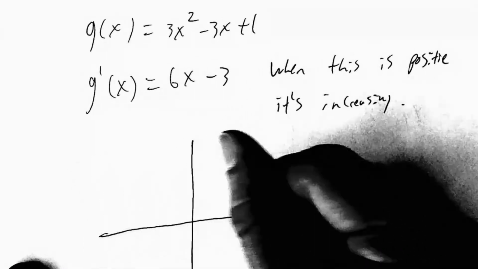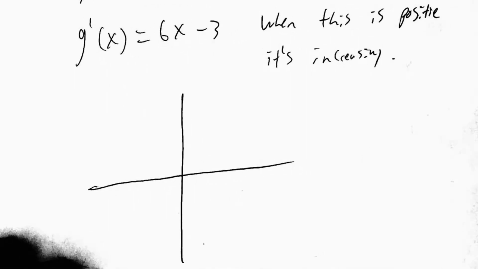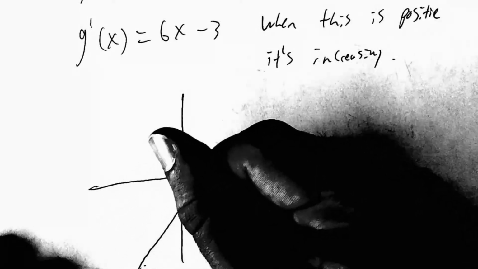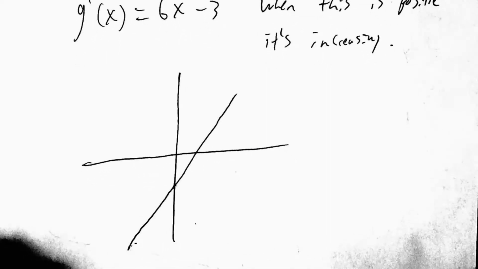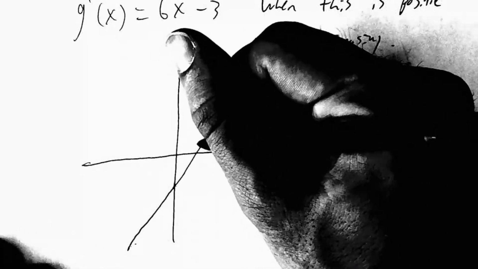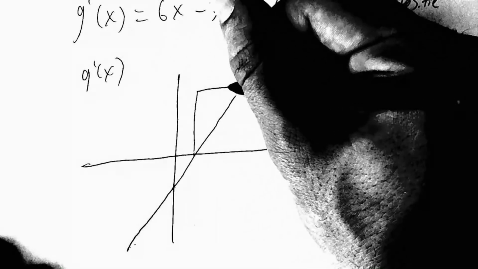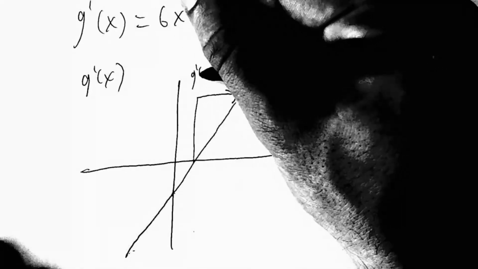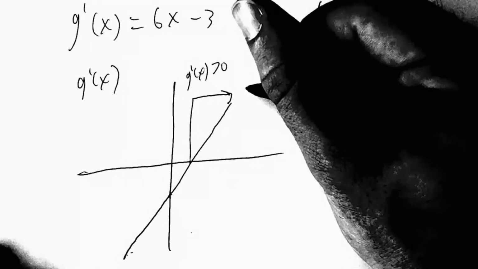I'll show you a couple ways to do it. We can think about 6x minus 3; the graph looks something like this. This region right here where it's positive is where the derivative is greater than 0, so g of x is increasing.